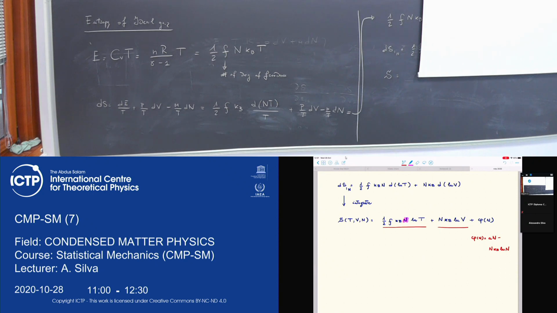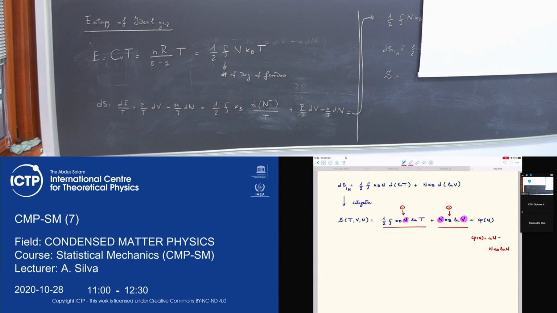This one is proportional to n times log of V. Therefore it's not extensive, because it should scale only like n or like V, not like n log n or n log V. So let's write it like this. If it's extensive, I write a happy face, and this one is not extensive, so a depressed face.